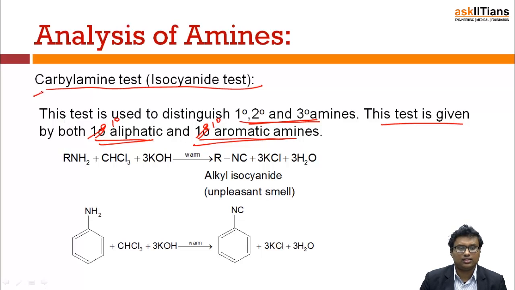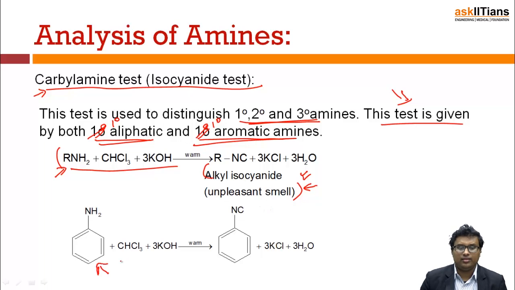That means RNH2, CHCl3, KOH, you will get alkyl isocyanide, which has an unpleasant smell. So remember, this test is given by your 1 degree aliphatic amine and 1 degree aromatic amine. So you have 1 degree amine converted into alkyl isocyanide, which has an unpleasant smell. So as soon as you get this unpleasant smell, you can say that this is actually a 1 degree amine.